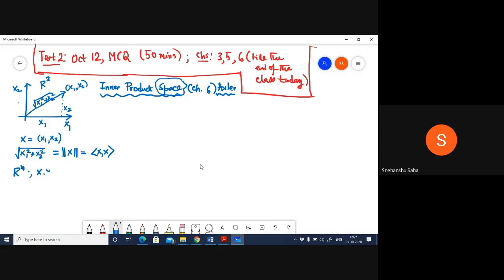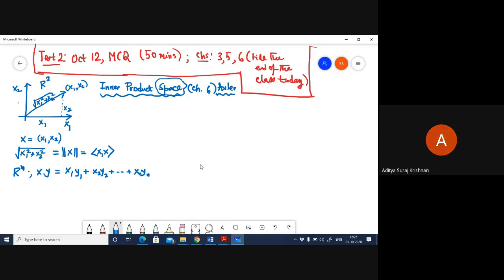The dot product between two vectors in Rn can be written in a coordinate representation like this. These are things you probably know from high school or first year college algebra.